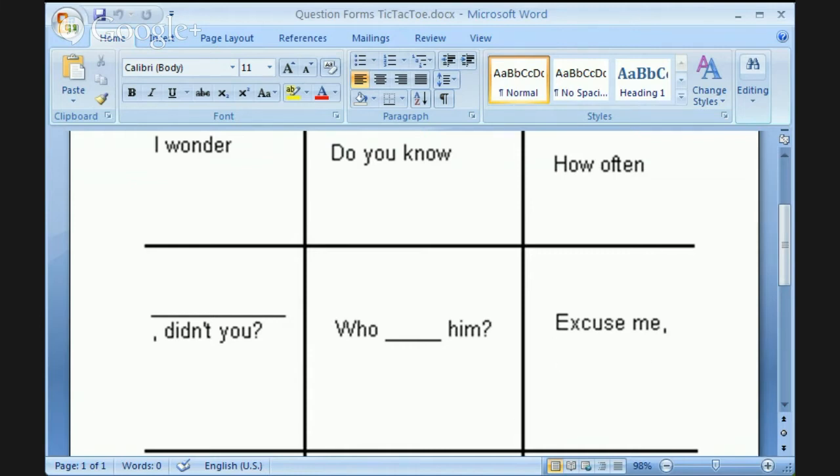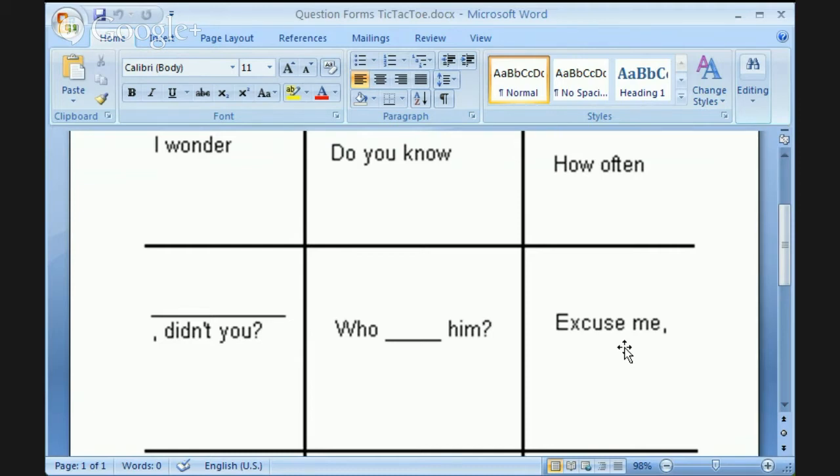Okay, Ruben, your turn. Excuse me. Could you please tell me where the bank is? Very good and very nice intonation. Excellent.